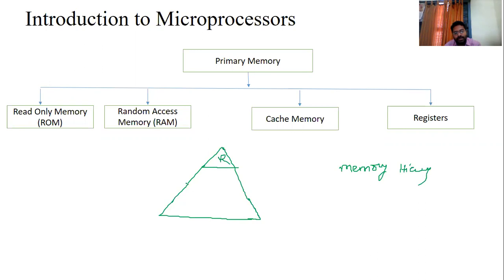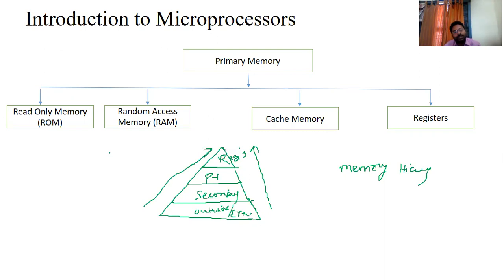These are the primary memory. These are the secondary memory. These are the outer side, nothing but external hard disks, external devices. You can see this hierarchy.